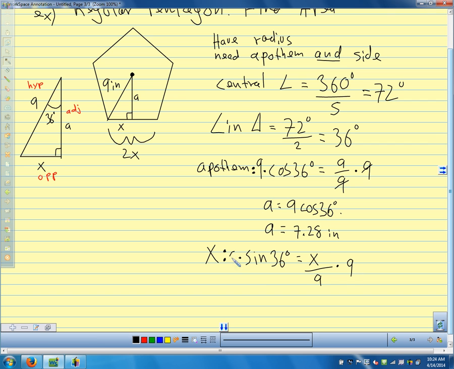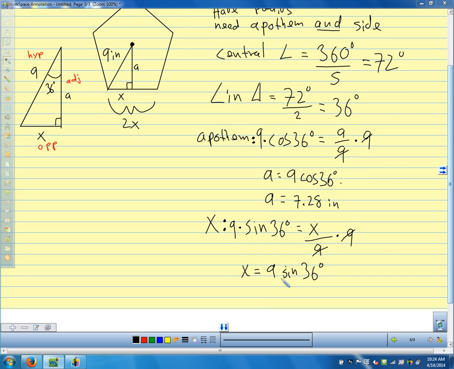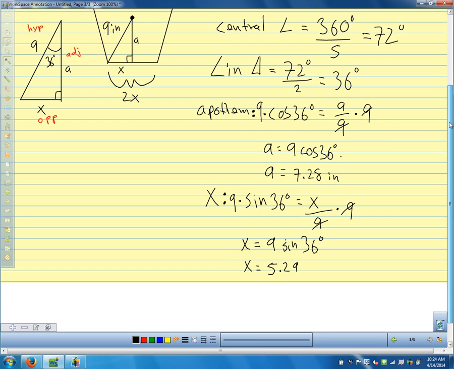Multiply both sides by 9. I get x equals 9 sine 36 degrees. Plug that in my calculator just like that, and I get x equals 5.29. And we decided that the side of the polygon is 2x.